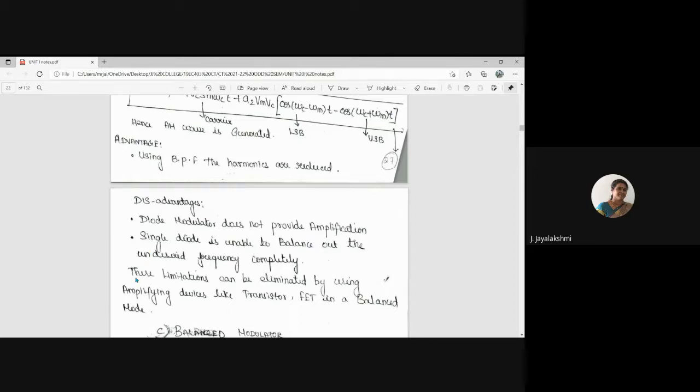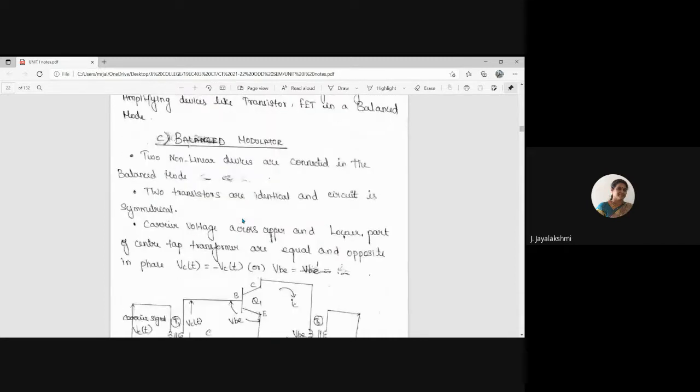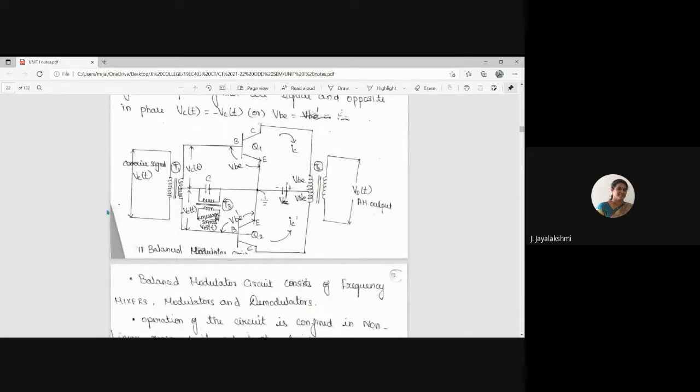That is another drawback of using a single diode as a nonlinear device, because the undesired frequency components remain available. So these limitations can be eliminated by using an amplifying device like a transistor or FET in a balanced mode. This problem you can overcome by means of another device.